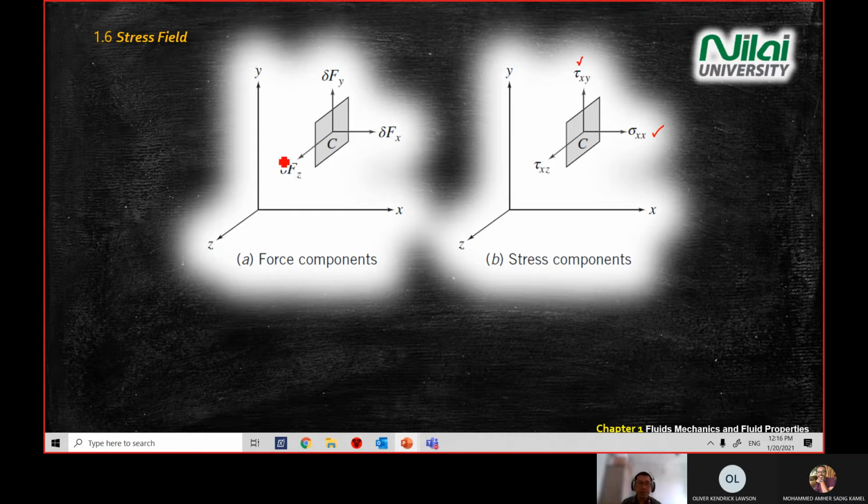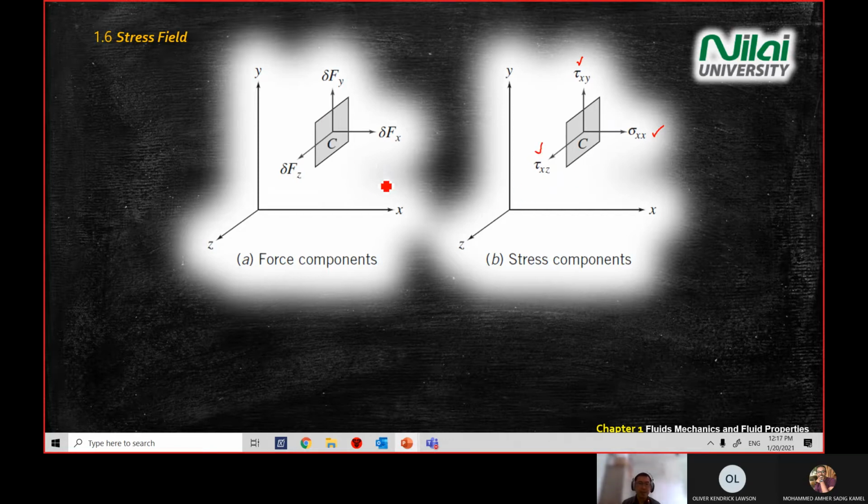Also the force Fz: why does Fz become shear? Because the component of Fz is parallel to the area here. That's why this force becomes shear stress. And why is this one xz? Because this force is on the x plane in the z direction. Okay, I'm clear on the notation.